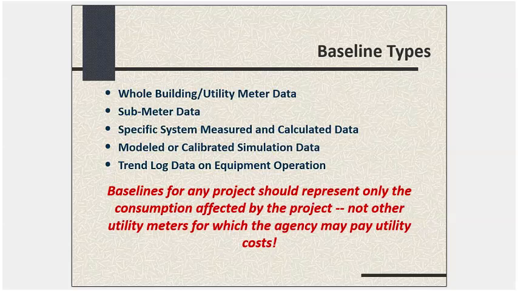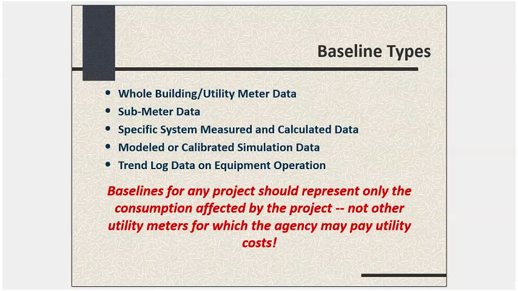Or you could use calibrated simulation data, like in an eQuest model. Or you could be using trend log data of an equipment operating profile to show what happens over time and how it changes over time and what its typical load profile is, and then see how it changes after you put in your new equipment or change your operating strategy.